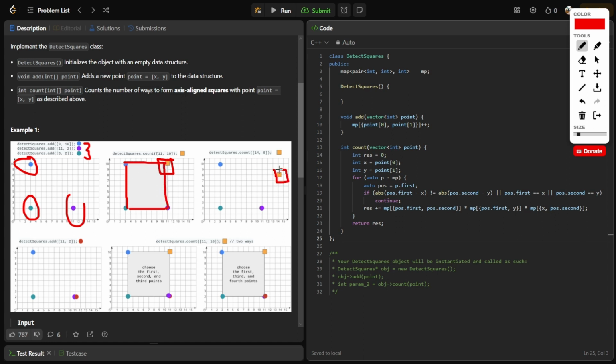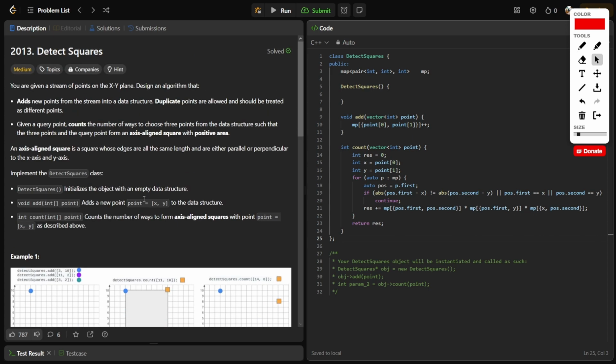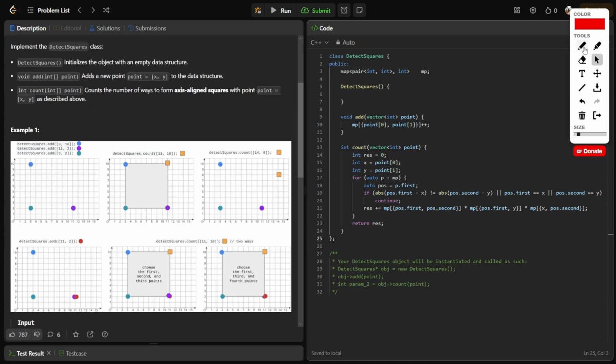If we query something that does not make a square, then it is not considered a square. This one is a square, and this is a square as well. Only squares, no rectangles.